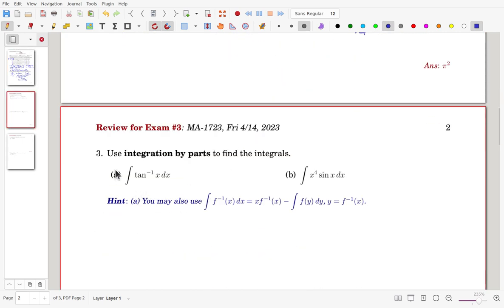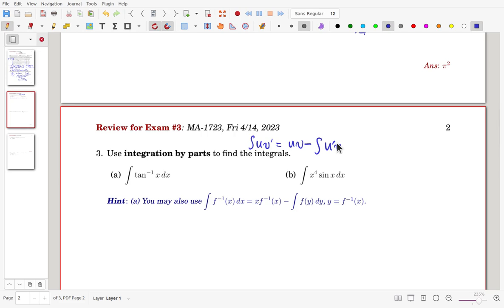Use integration by parts to find the integral. For this one, we have only one term, but integration by parts is given in this way. Integral of u v prime is the same as u v minus the integral of u prime v, right?